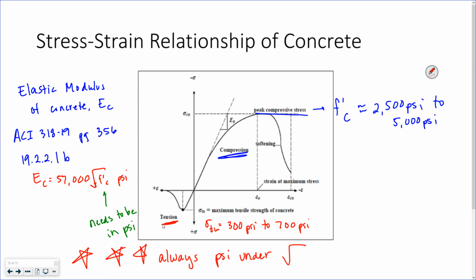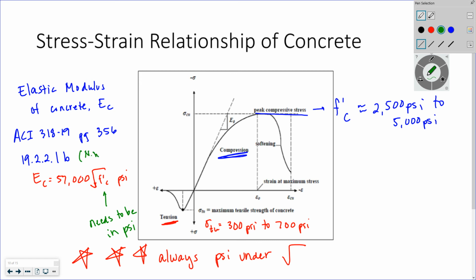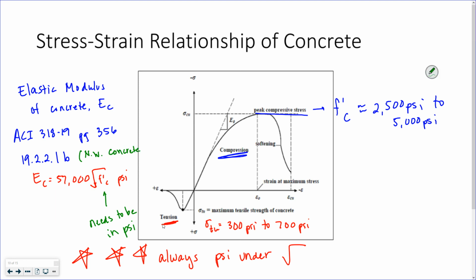And this is for normal weight concrete, which has a weight of about 150 pounds per cubic foot.